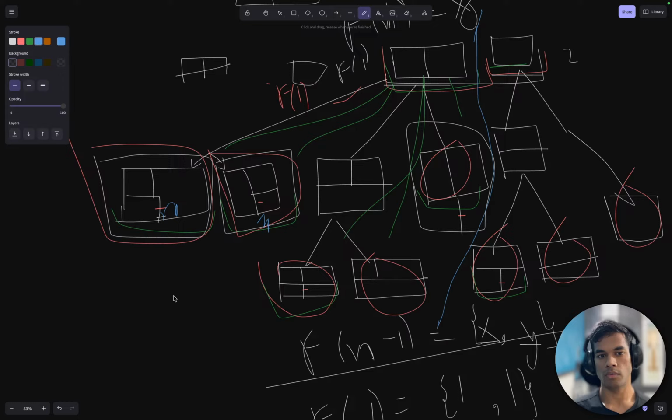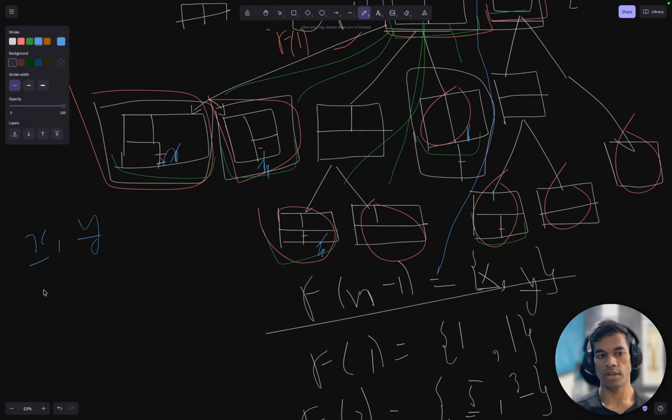So let's say x is the number of possibilities which have a vertical line, and y is the number of possibilities which do not have a vertical line, and from each of these x we get 1, 2, 3, 4 vertical lines. So in the next iteration, we will have 4x vertical lines from vertical lines.